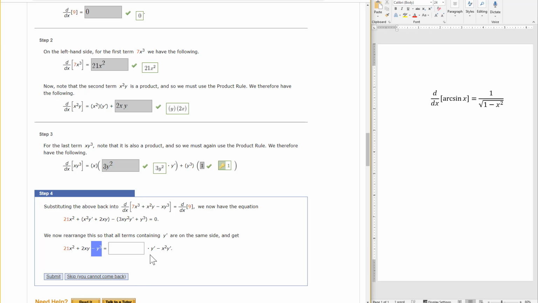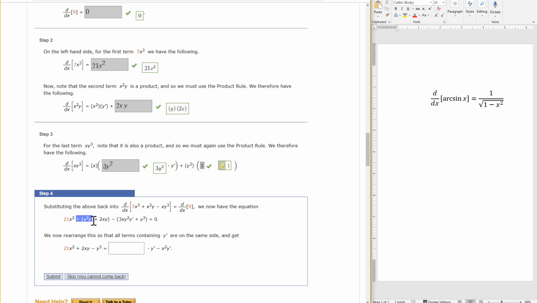So what has a y prime? The terms that have a y prime would be this negative 3xy squared times y prime, and then this positive x squared y prime. But we want to bring that over to the other side. It looks like they got this covered.